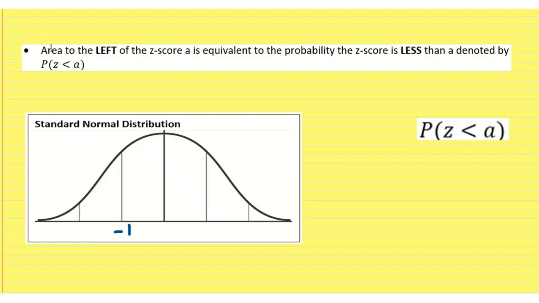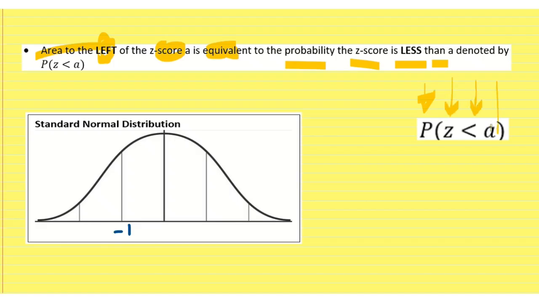Using the same reasoning, we can now say that the area to the left of the z-score is equivalent to the probability the z-score is less than A. And of course, we can write this in this manner: the probability that z is less than A. So here is our z-score. We're saying to the left of that. So that means we could consider all of this area to the left of that z-score.